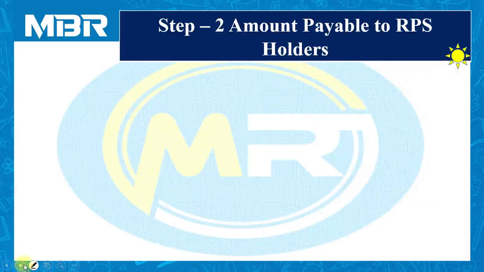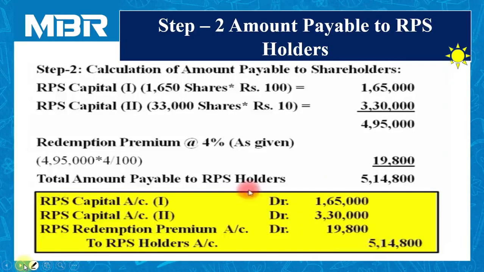Step number 2 is all about amount payable to RPS holders. As you all know, right from the beginning of the solution, here we have two types of redeemable preference shares. And as per the information given in the additional information part, we have to redeem both types of preference shares at 4% premium.